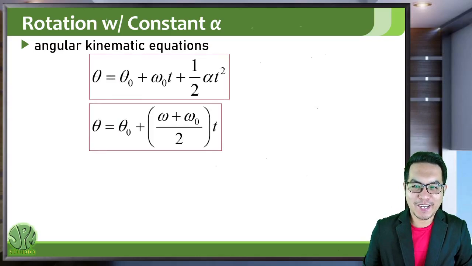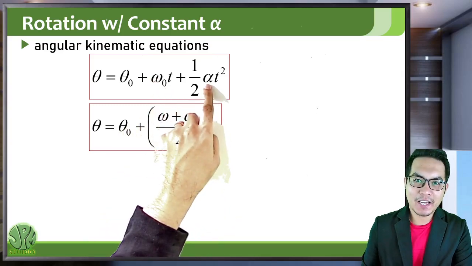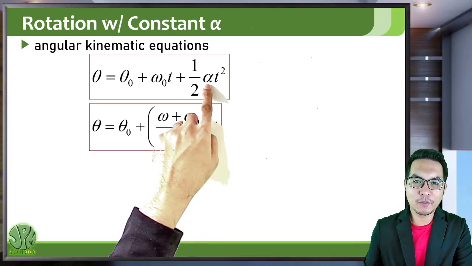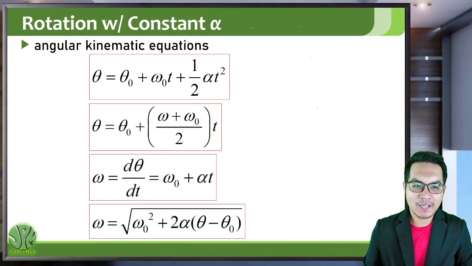You just change the position variable, which is x, y, or z, into theta. You change the velocity v to omega, the angular velocity, and you change the acceleration a into alpha, the angular acceleration. But basically, they're all the same. So these are the four angular kinematic equations.